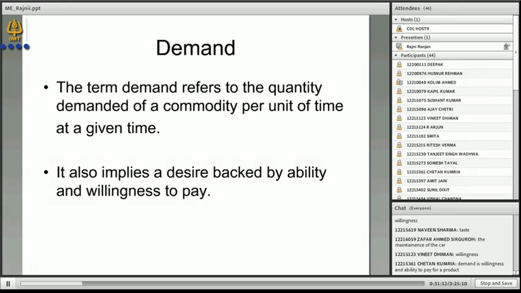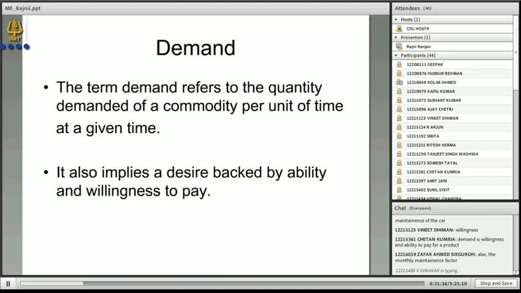Like for example, for Mercedes Benz, the demand is by those people who desire it, those who have the ability to buy it, and those who are willing to spend that much money on that particular product. So it is the willingness, ability, and the desire to buy a product, what we term from the consumer's point of view.